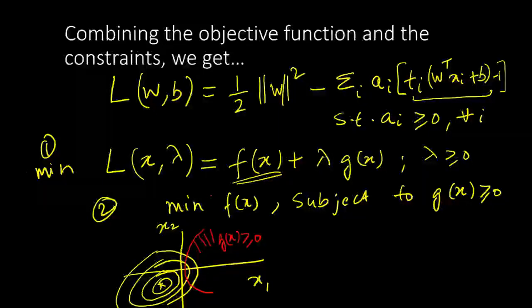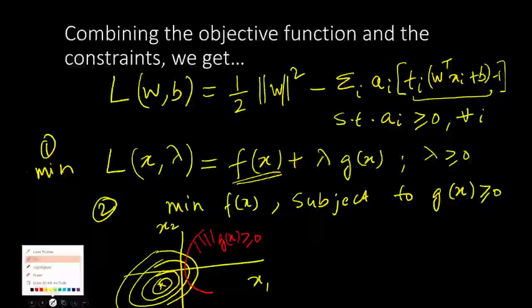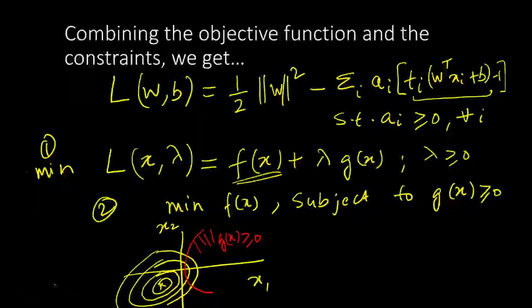So now what we want is the solution to lie on the right side of this red curve while it finds the minimum of the yellow curves, right? So the solution will be at a yellow curve that is tangential to the red curve.